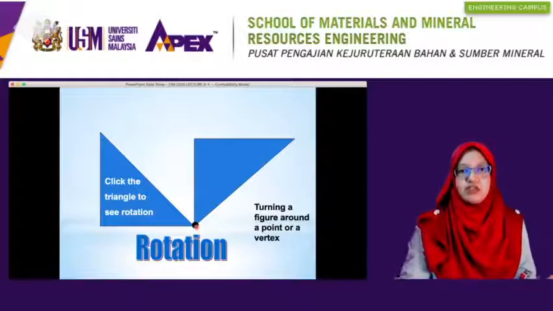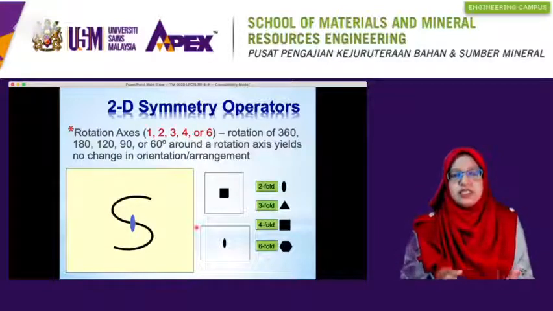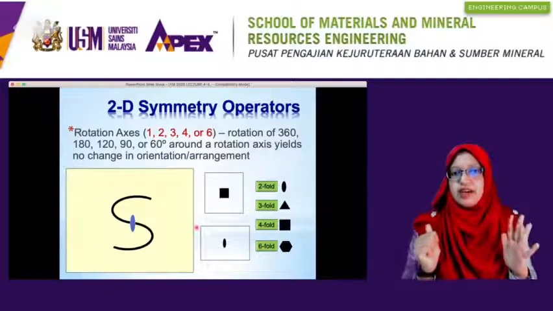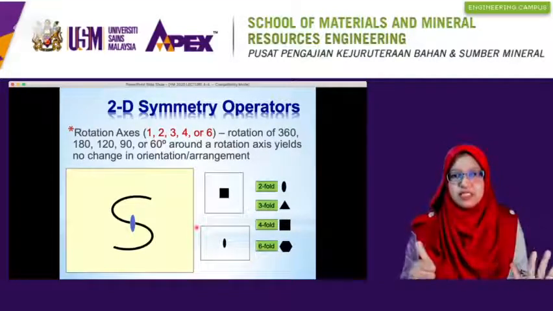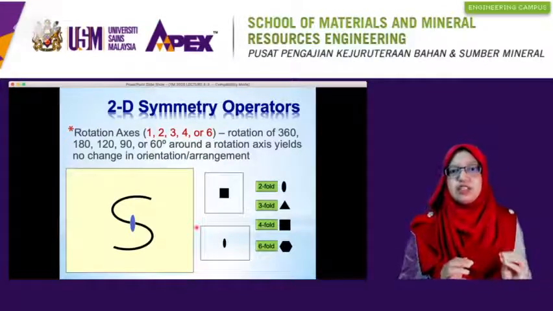So this is rotation. In 2D symmetry operators, we have rotation axis 1, 2, 3, 4, or 6. We don't have 5. There's no 5. Later we will learn why there's no 5 rotation.